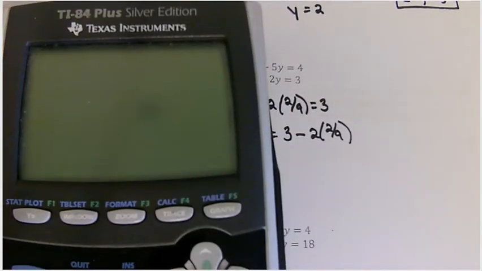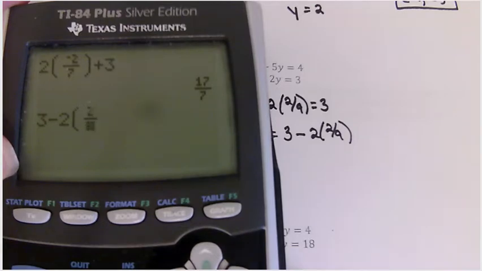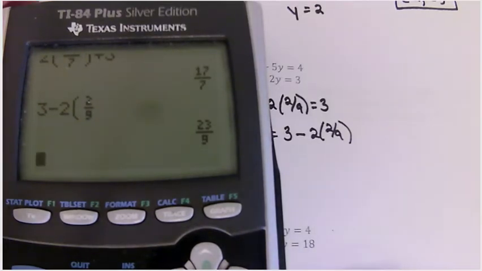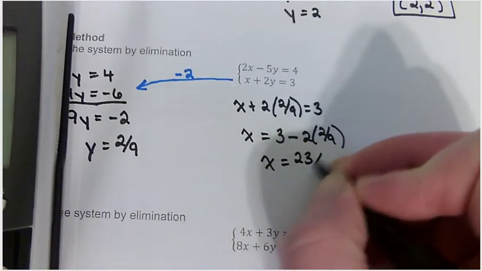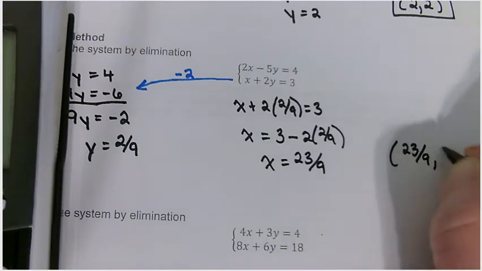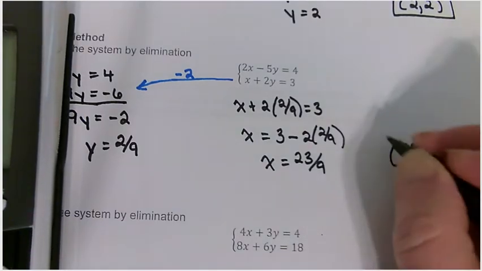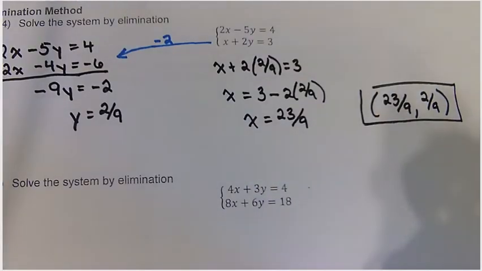So if you're bad with fractions, rely on your calculator to help you out here. And you don't even have to close the parentheses. It'll do it for you. Notice that sometimes we get good answers, sometimes we get ugly answers, and that's okay. It happens.